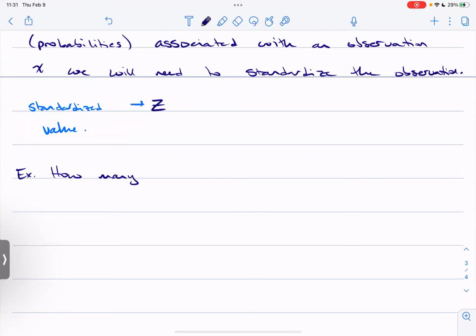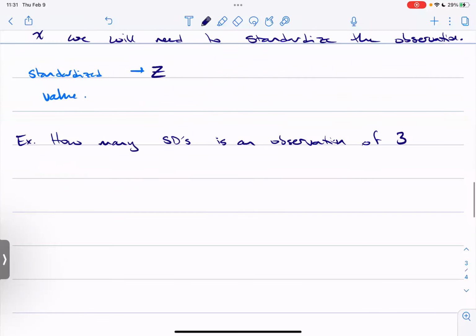How many standard deviations is an observation of 3 from a mean of 4 if the standard deviation is 1.5?